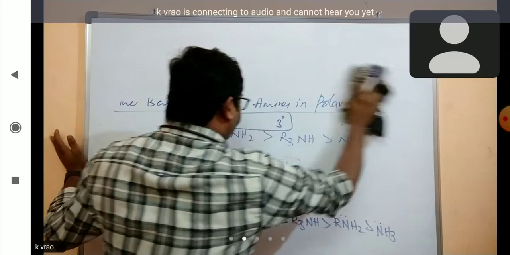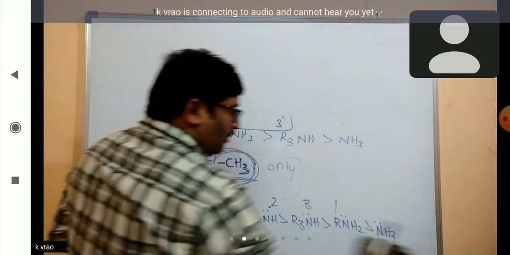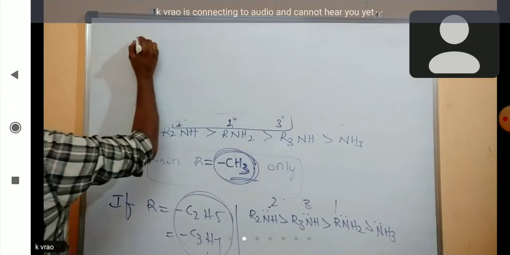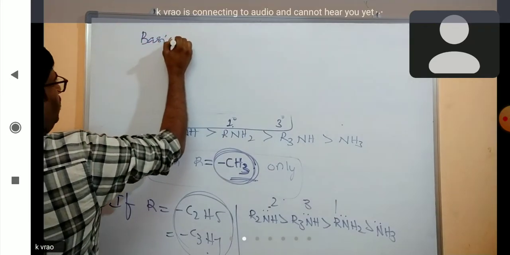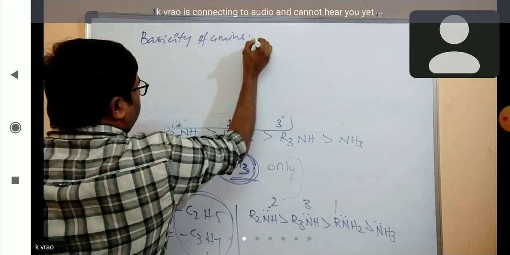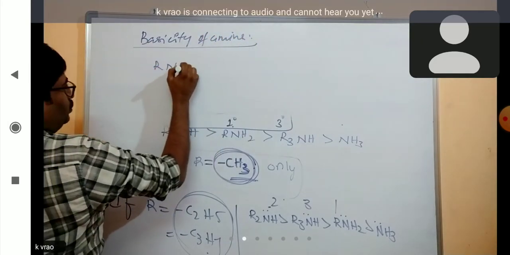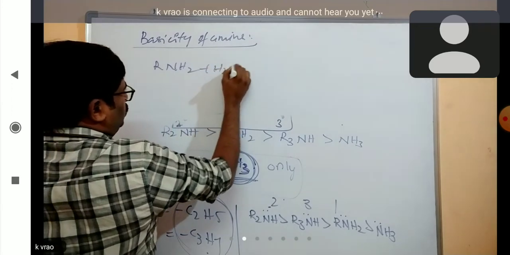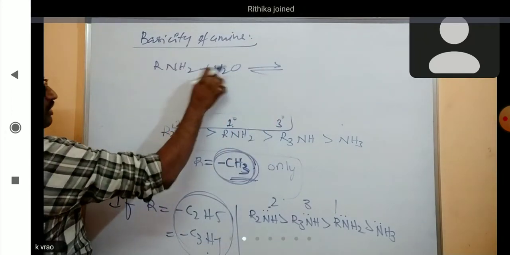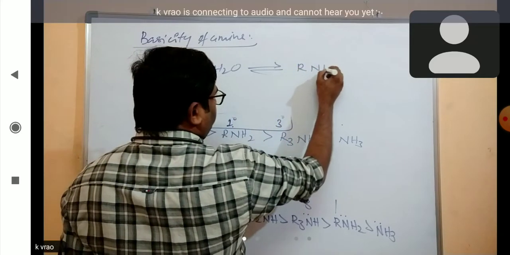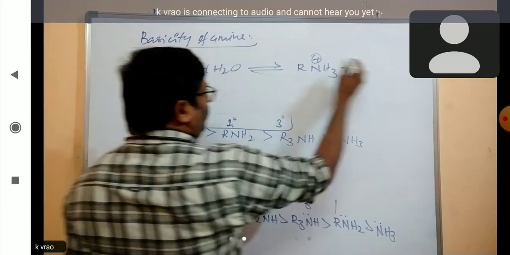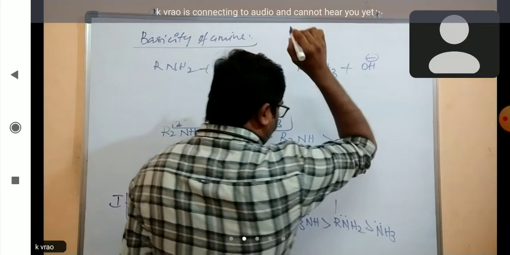Next, basicity. Basicity of the amines is expressed in the equation. We can write basicity of amines. See here, RNH2 plus H2O gives RNH3 plus OH minus.